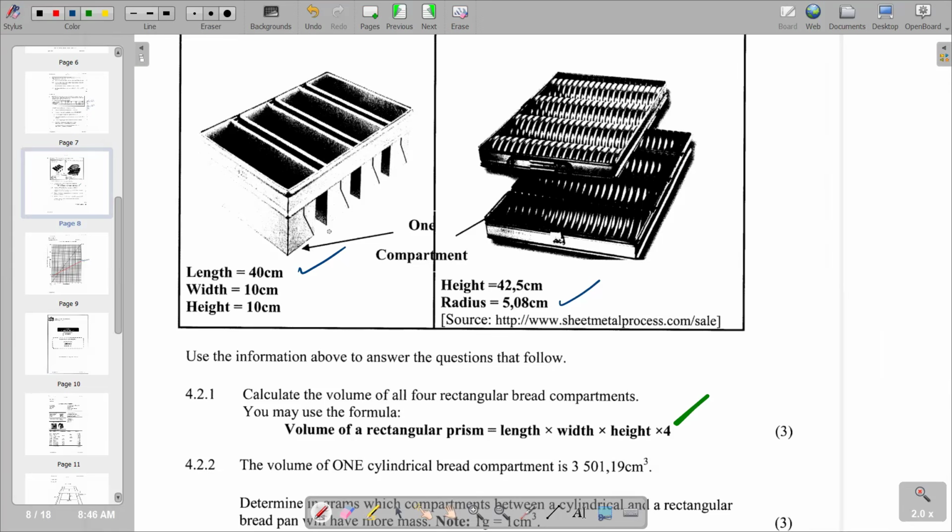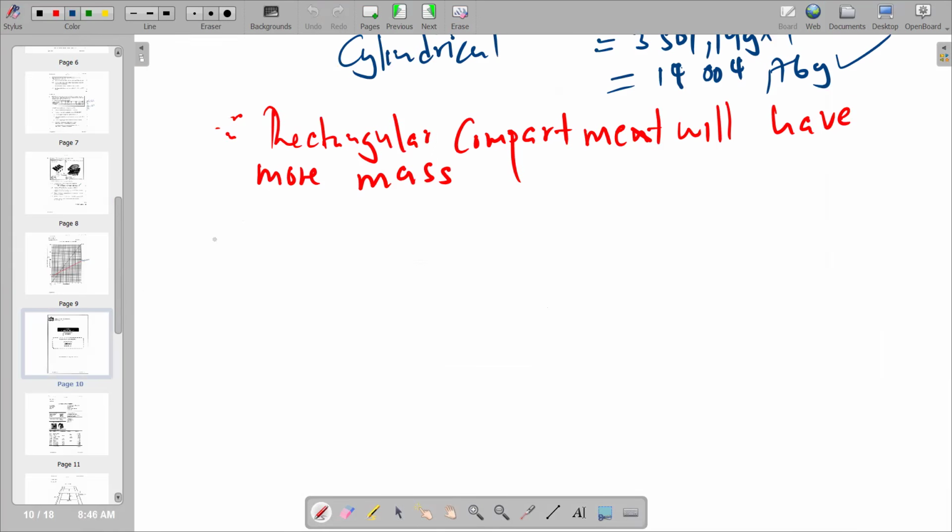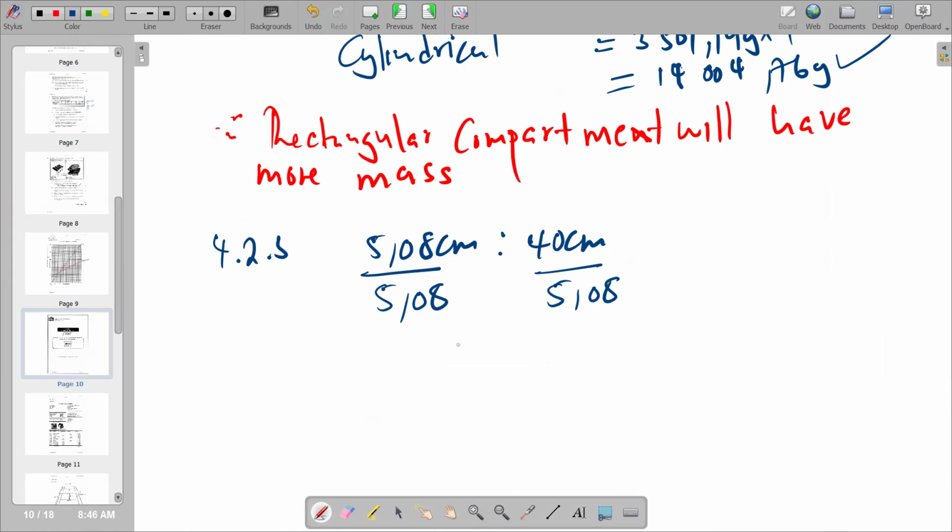So we are saying 5.08 is to 40. So we come here, present it as 5.08 is to 40 centimeters. So as a unit ratio, you divide by 5.08 both sides, and it will remain as 1 is to 7.874. So that is the unit ratio that we have.